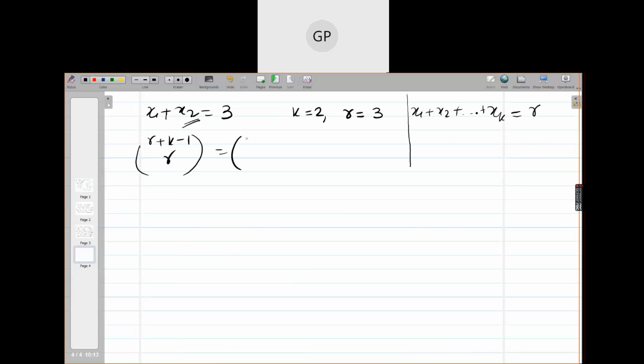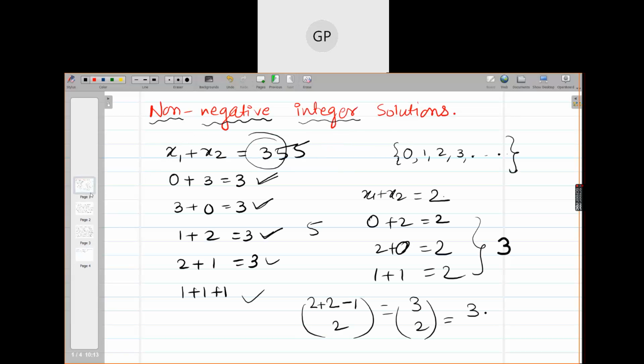So that is 3 plus 2 minus 1 C3, that is 4C3. So what is 4C3? Is it 4? Yes, ma'am. And how many were we getting? We were getting 5 earlier.